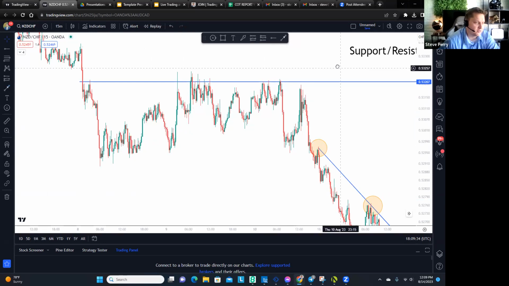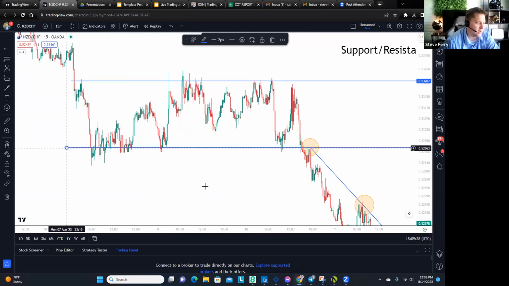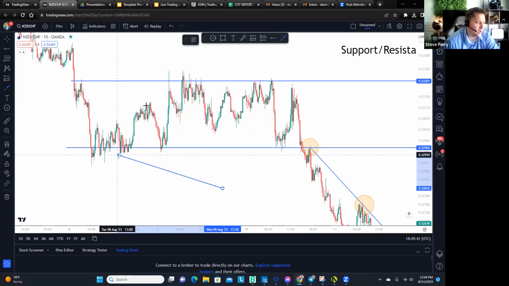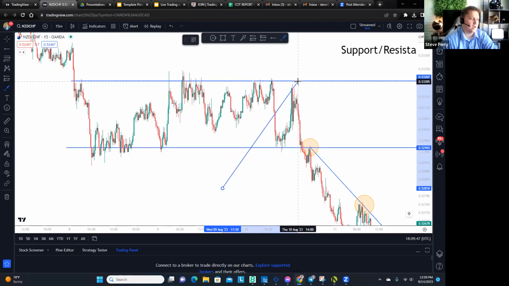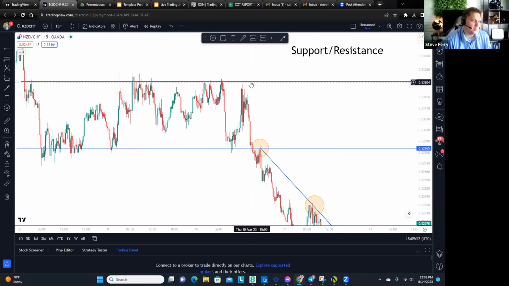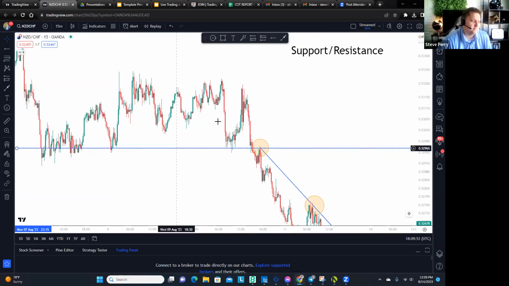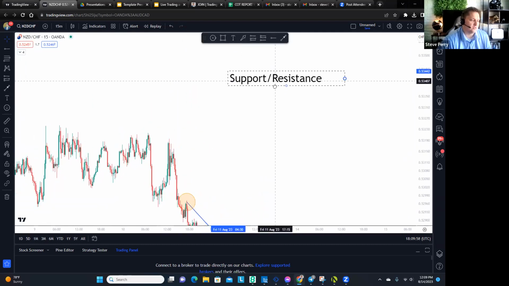Support would be the opposite, where right around here the market likes to come down, touch here, come up, come down, touch there, and go back up. That would be support. So that's a really common price action concept that we need to understand.